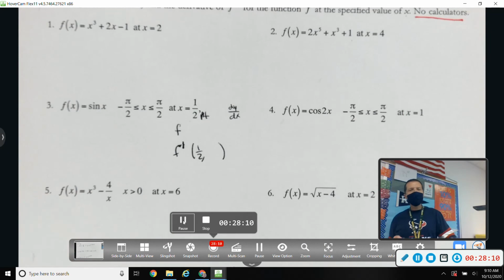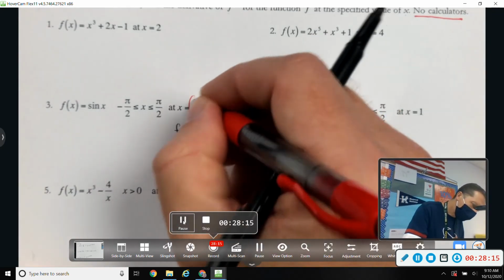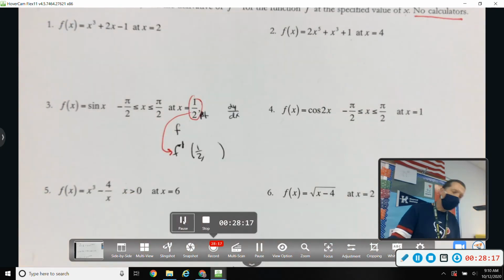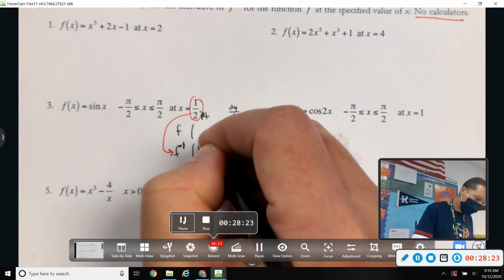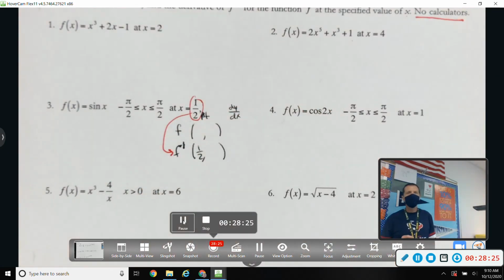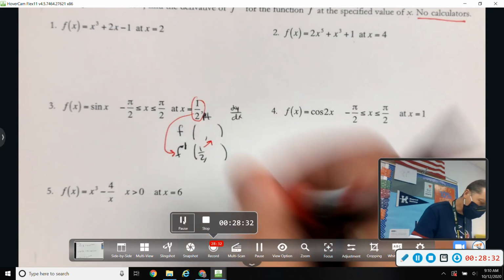That 1/2 is the x value for the inverse, not for the original. Which means that it's the y value for the original.